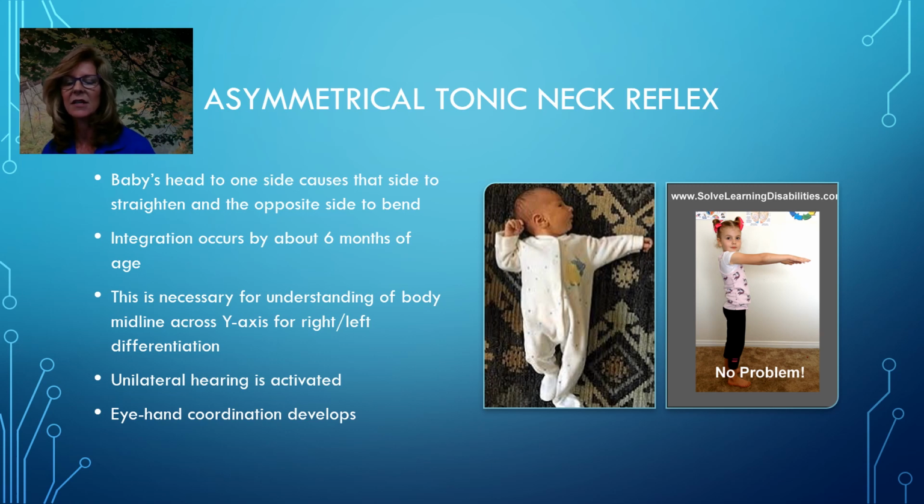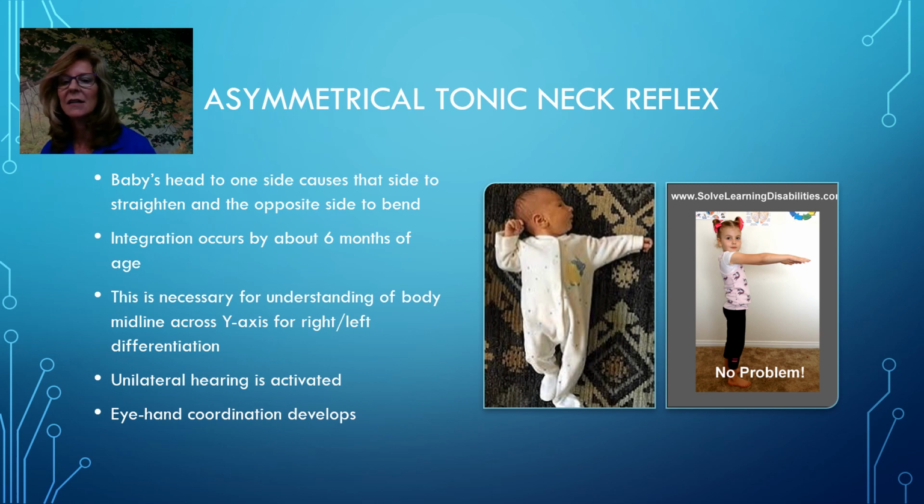Children where the ATNR is not integrated will often have a lot of confusion about left and right, and these children may have trouble even with writing and knowing that the letter P, the loop goes on the right side of the vertical stick, and the letter Q goes on the left side. But a lot of this starts from just understanding your own body position in space.